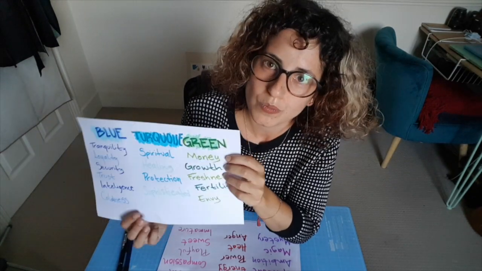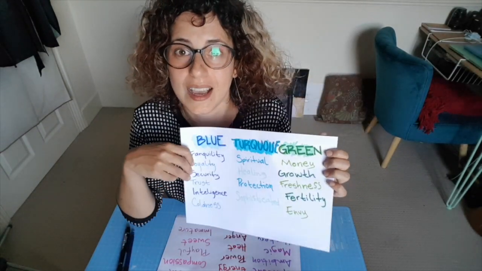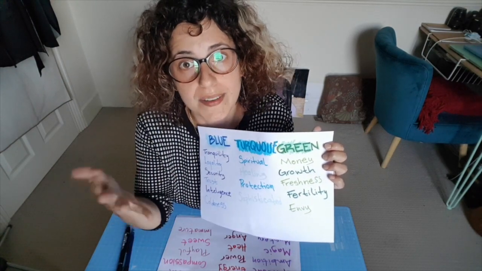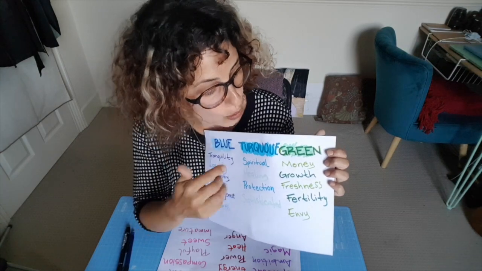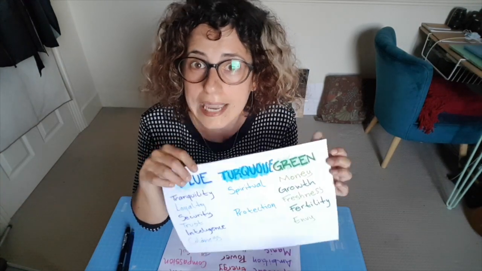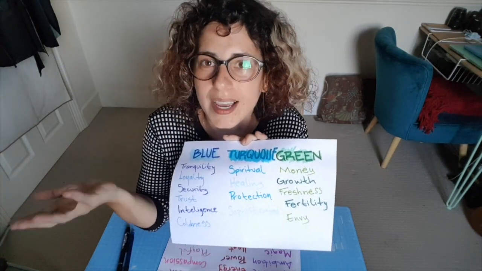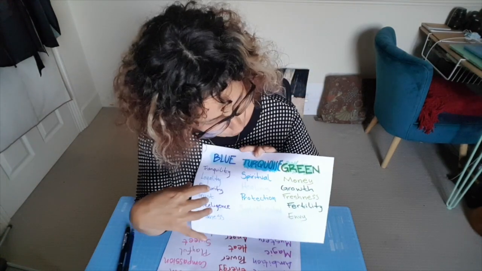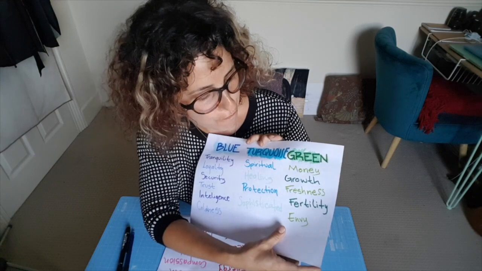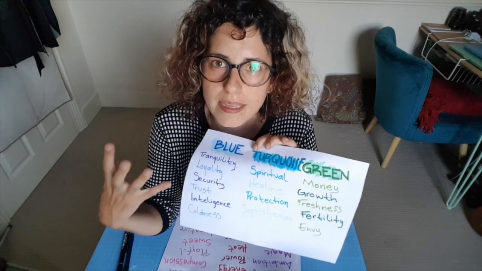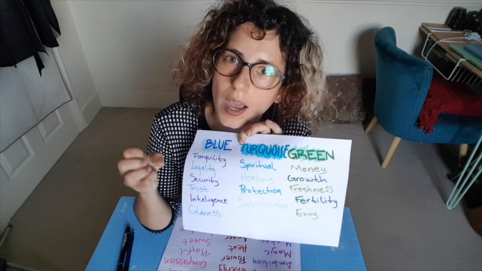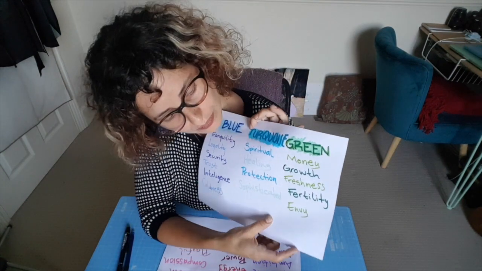Of course, we all associate greed with money as well, so it can go both ways, positive and negative. Growth, and of course nature, if we look outside at the trees and the plants, they're all mostly green. So similarly, freshness and growth, I think we associate with nature and those qualities to green.